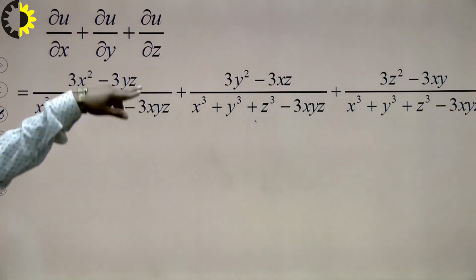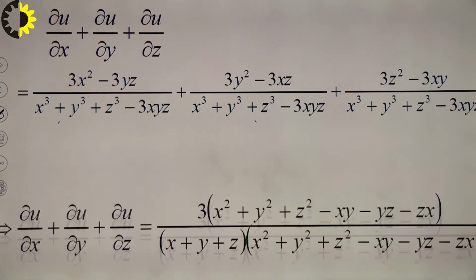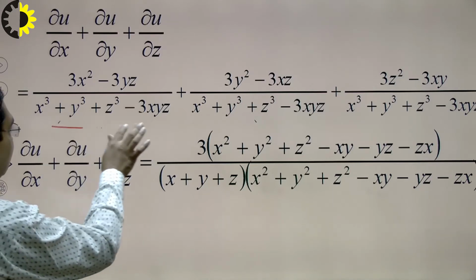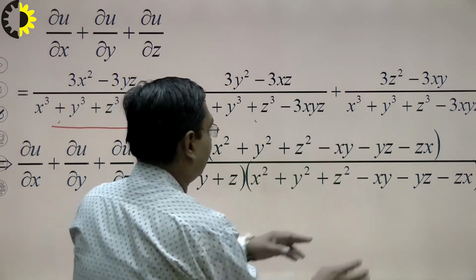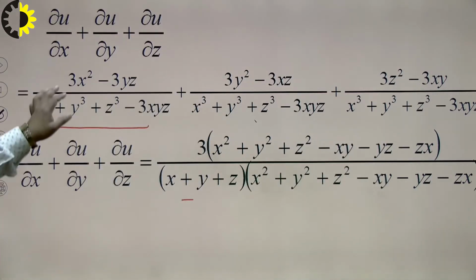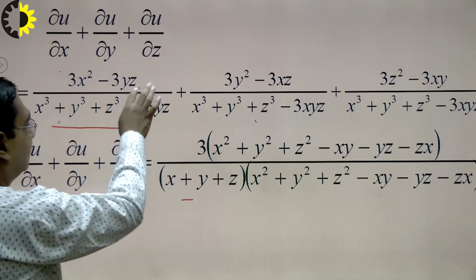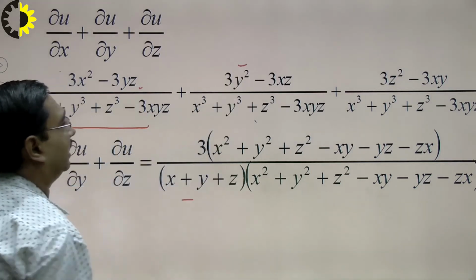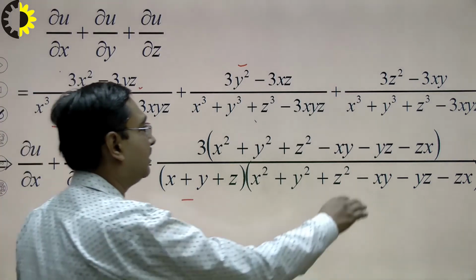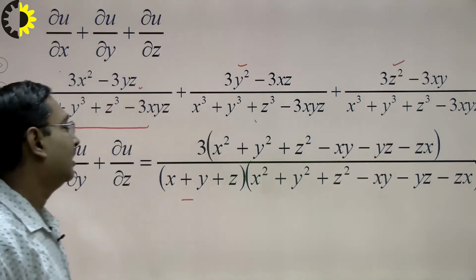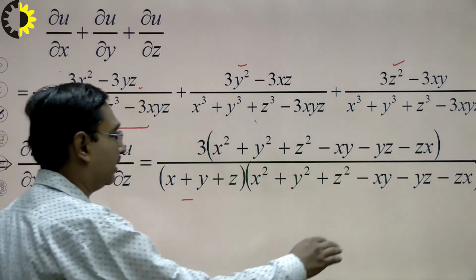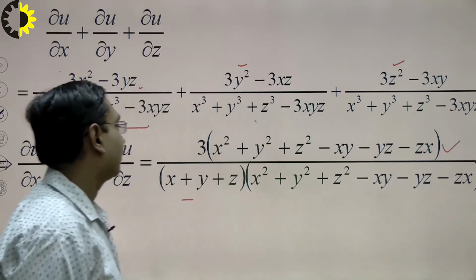Thus, the value of this expression will be this denominator written once, and 3x square minus 3yz, 3y square minus 3xz, 3z square minus 3xy are combined to give this expression.